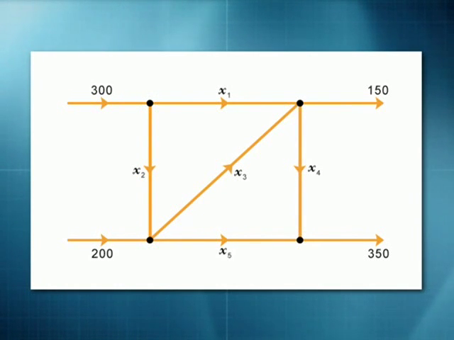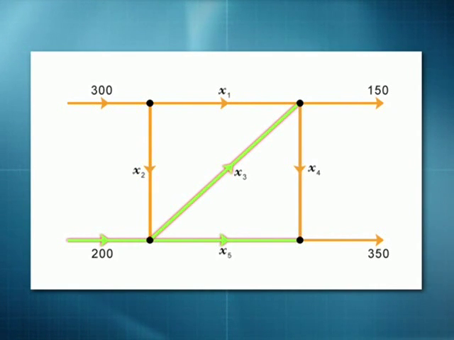And up in the upper left-hand piece, you see that 300 cars are coming in, and then they divide into 2 different routes. X1 of them, so x1 is an unknown, that's how many cars go that way, and then x2 go down vertically. And then 200 cars enter down at the bottom, and they split into 2 pieces, x3 goes diagonally up and x5 goes straight through.